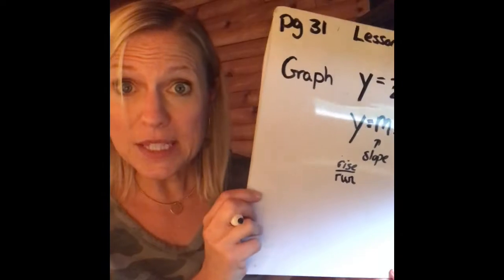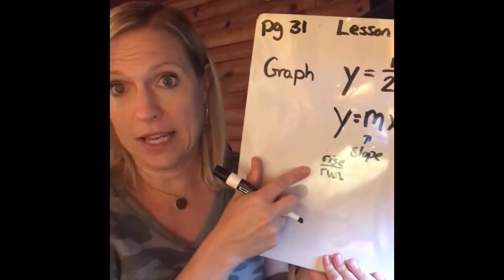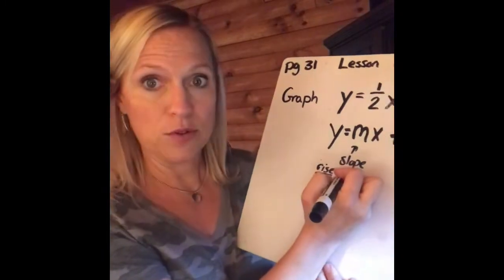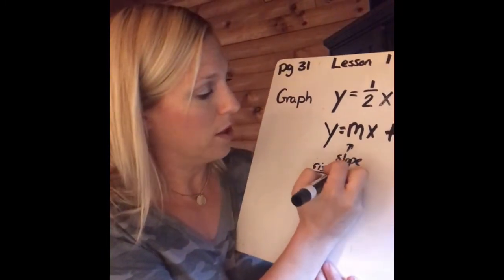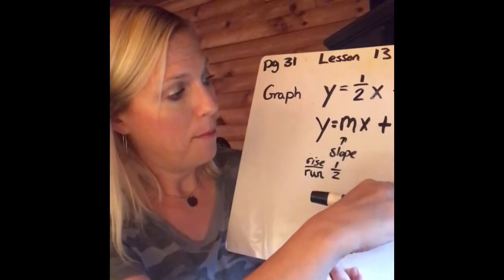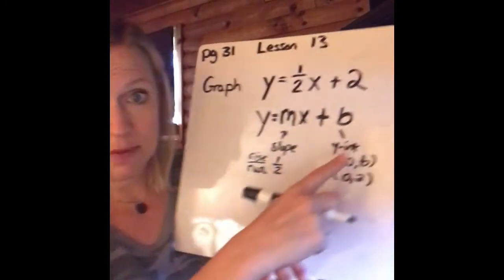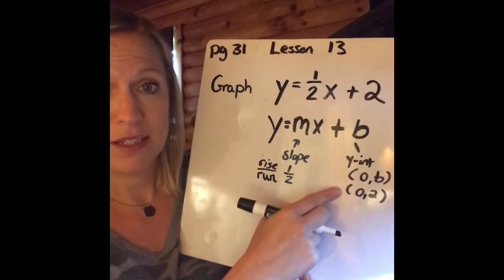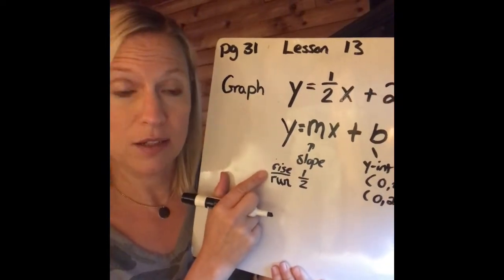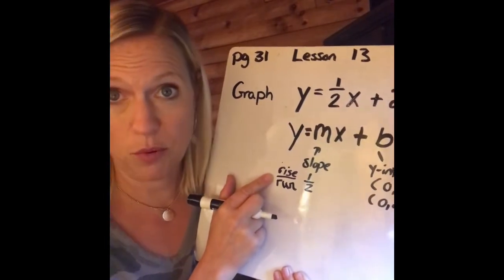Good at math, not good at handwriting. Okay, so this is just an easy way to kind of say vertical change over horizontal. So our slope should be in fraction form, so 1 over 2 is our slope. That's our motion. So this is our y-intercept, which is our beginning point. And then the slope is going to give us the motion to find the next few points on the line.